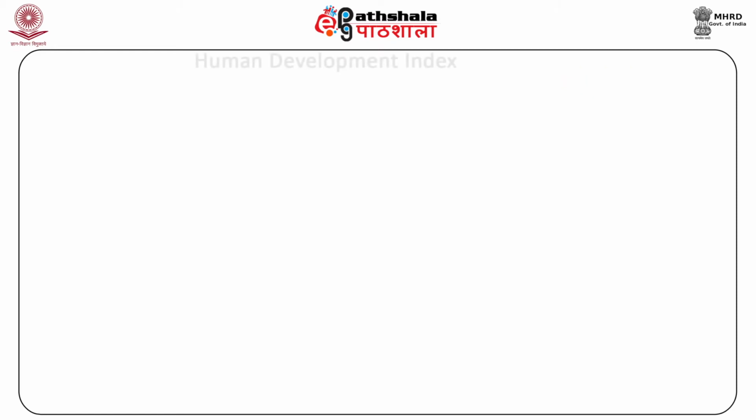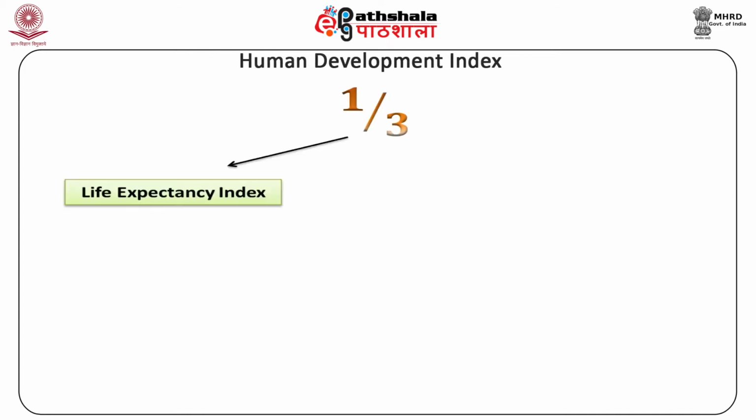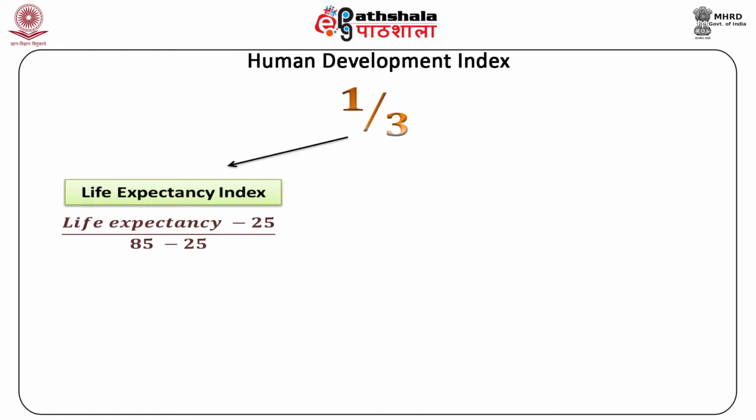The Human Development Index (HDI) then represents the uniformly weighted sum with one-third contributed by each of the following factor indices. Life expectancy index is equal to (life expectancy minus 25) divided by (85 minus 25).